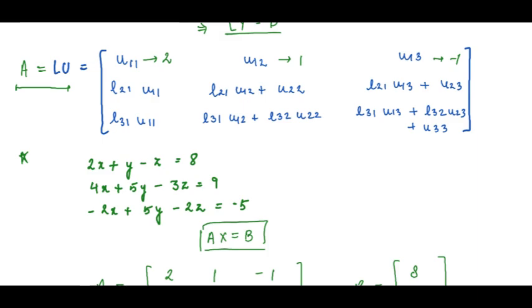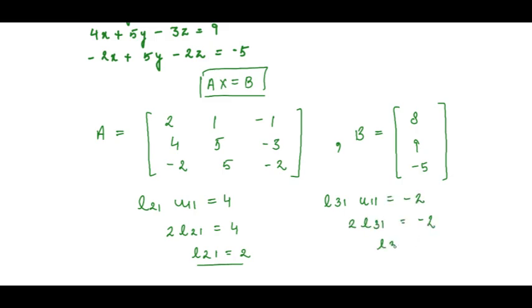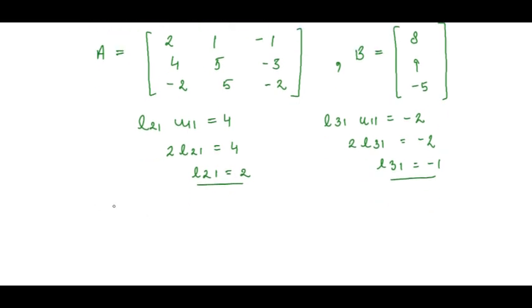On comparison, we get L21 U11 equals 4. Therefore 2 L21 equals 4 and L21 equals 2. Similarly, L31 times U11 equals minus 2, so 2 L31 equals minus 2 and L31 becomes minus 1.